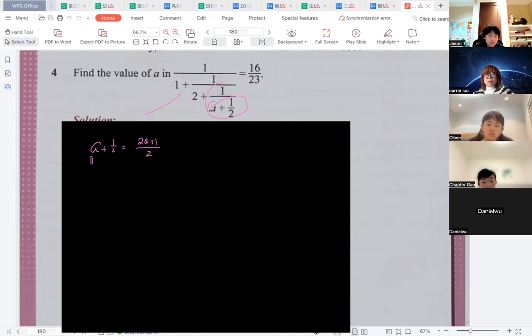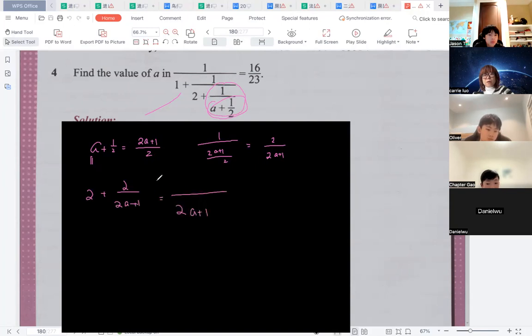Okay, so how about this one, the whole thing? 1 over 2A plus 1 over 2 equals what? Equals 2 over 2A plus 1. Correct? Okay, so now let's plus this one. So 2 plus 2 over 2A plus 1 equals what?